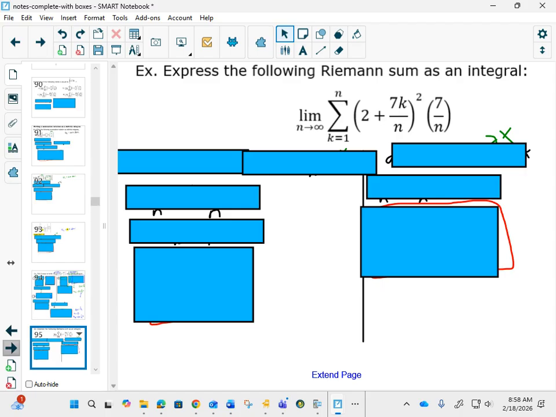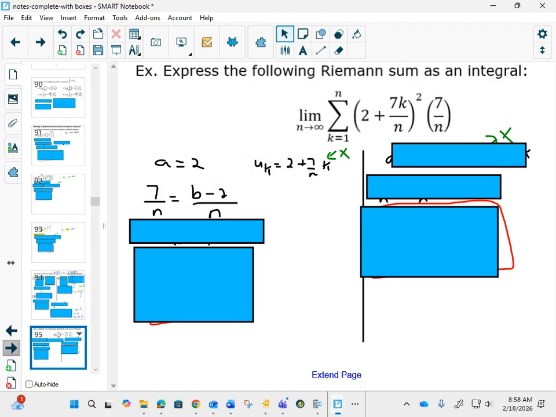So, express the following Riemann sum as an integral. If I was doing it the easy way, it's got 2 plus. I definitely would pick a as 2. I see the 7 over n.